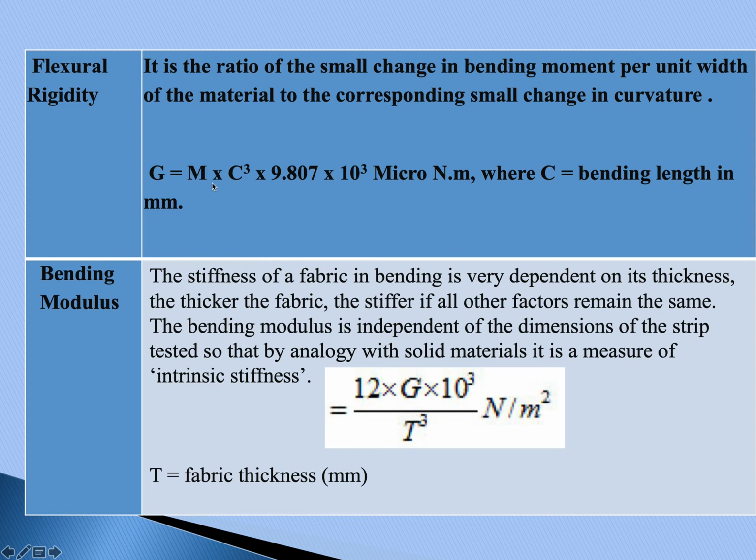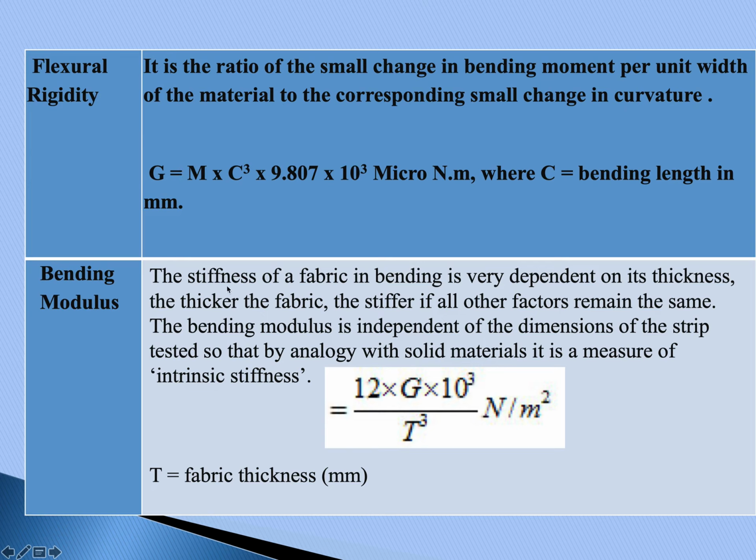So here flexural rigidity is dependent on the fabric weight, the areal density of the fabric. So higher the areal density or the weight of the fabric, the higher will be the flexural rigidity. And the bending length and flexural rigidity are also, as can be seen from this equation, directly related. That is, higher the bending length, higher will be the flexural rigidity, and such a fabric will be more stiff.